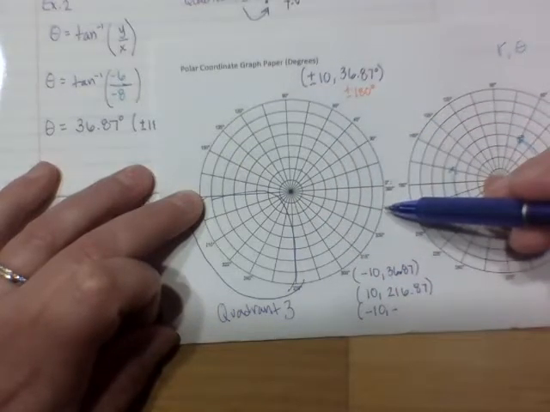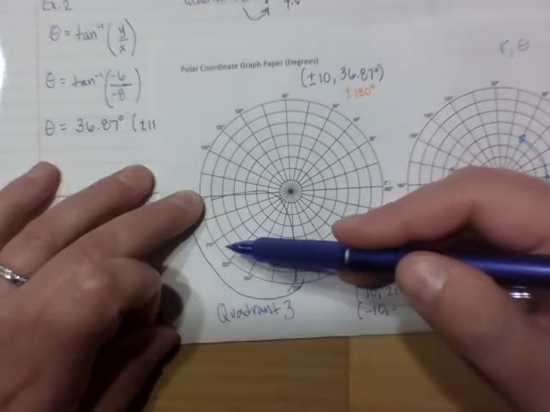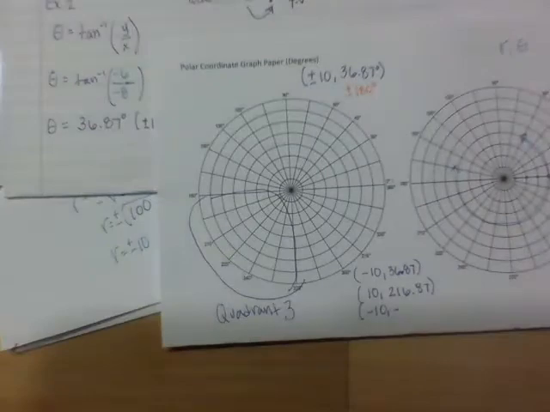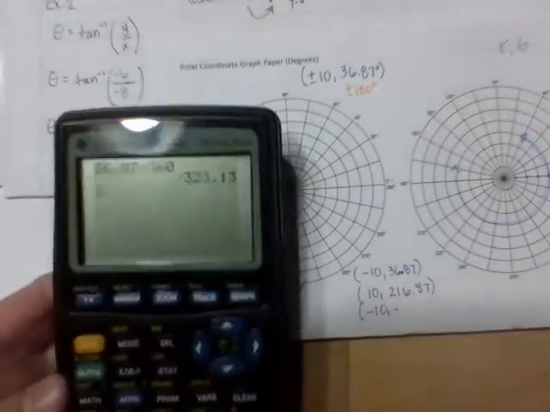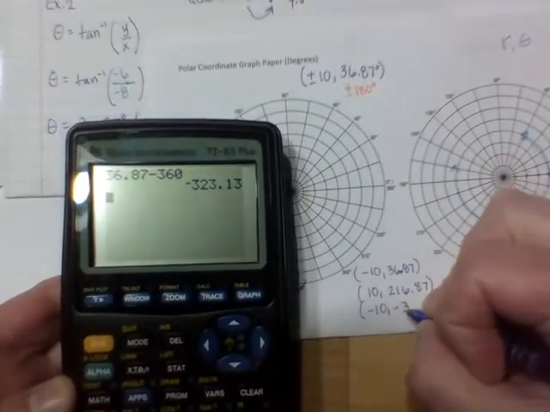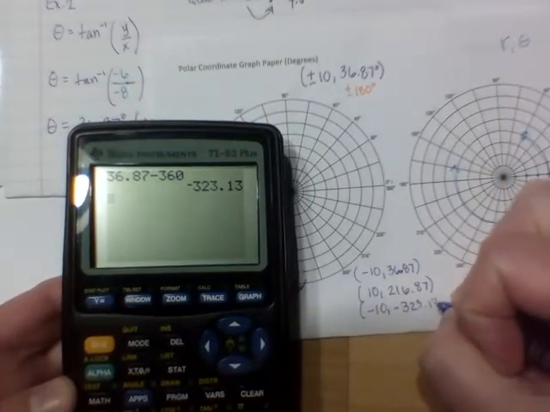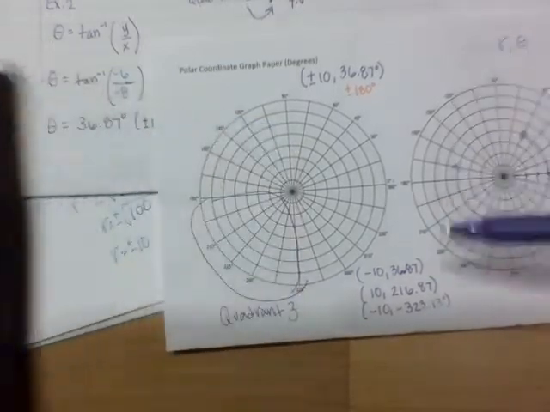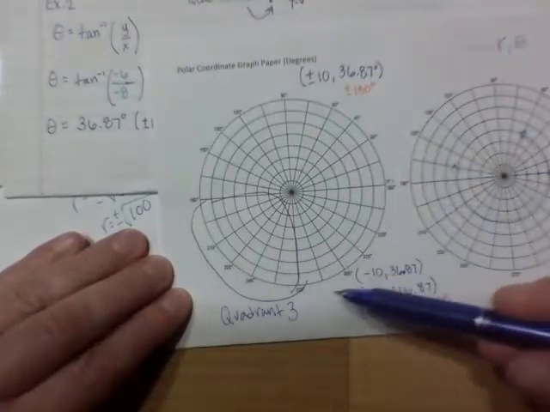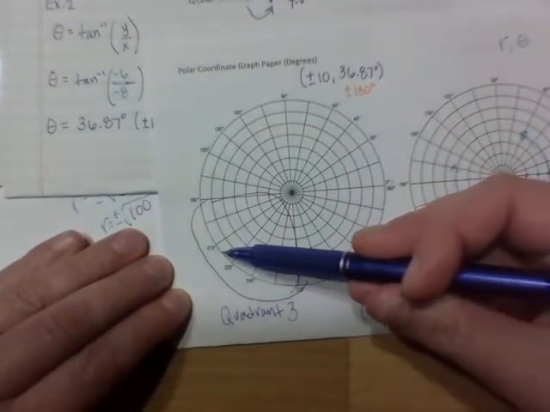But then we need to subtract another 180 because we actually want to get into here. So we're going to do 36.87 minus 360. And that means that we are going to travel negative 323.13 degrees. So again, negative 10, but then negative 323 degrees is going to get us back to where we wanted to go.